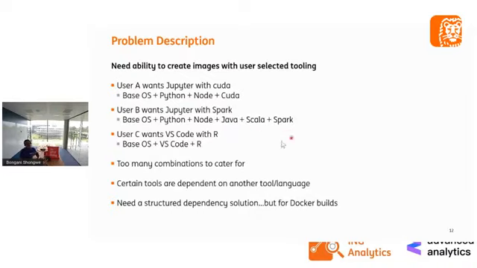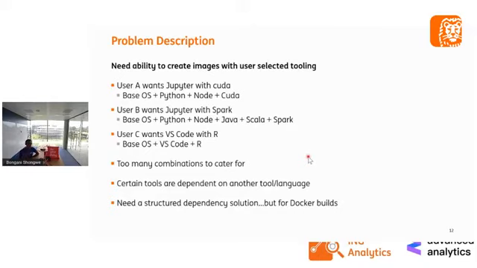Whereas user C wants VS Code with R, so for that user we would need the base image and to include VS Code and R. As you can see, there are too many combinations to cater for. And if we were to introduce a new framework, a new tool, a new language, it would introduce more complexity.